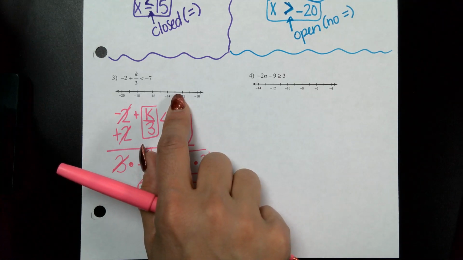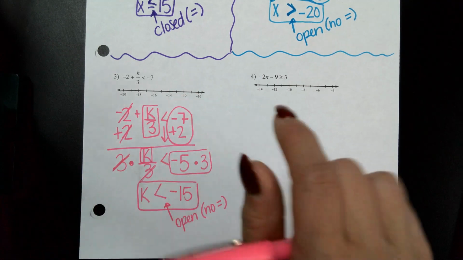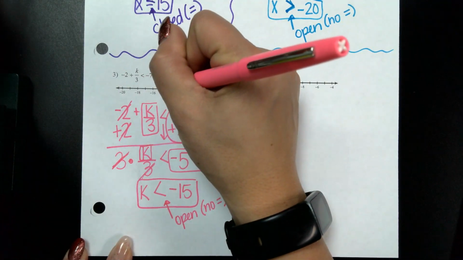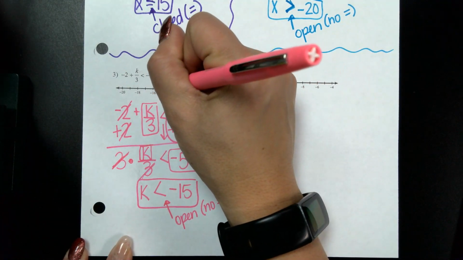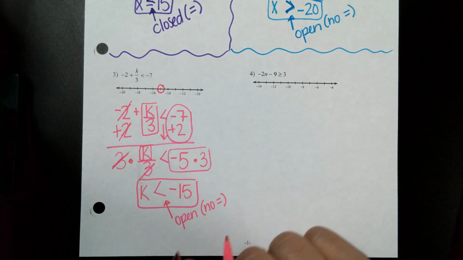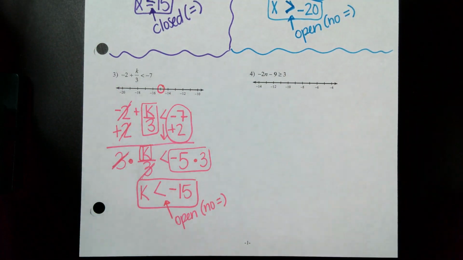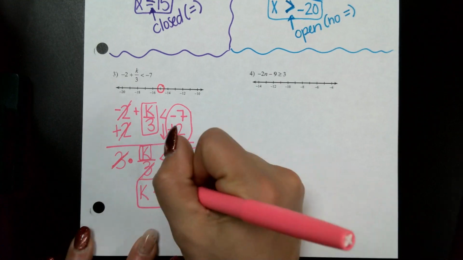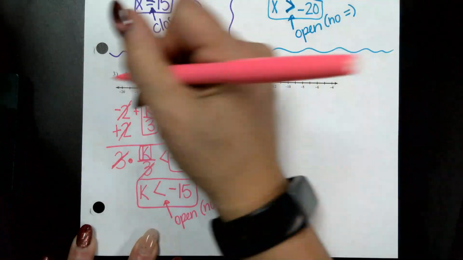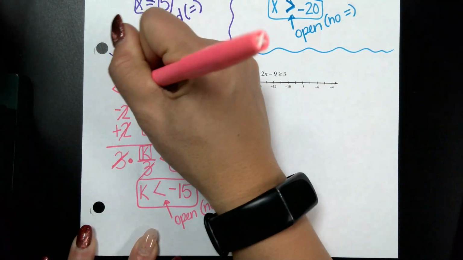That's true if you're talking about positive numbers, but with negatives, it's the opposite. So negative 14 is here, and negative 15 would be to the left of it. So you want to put your circle in between the negative 14 and the negative 16. Which way do I shade, left or right? Left. Less than matches this arrow, so less than goes left.